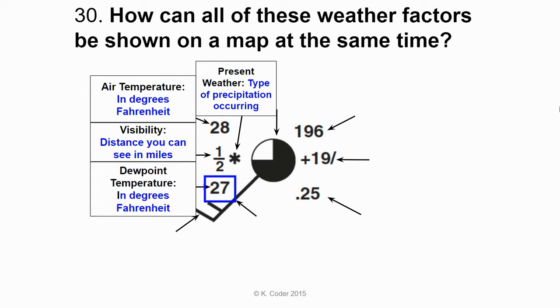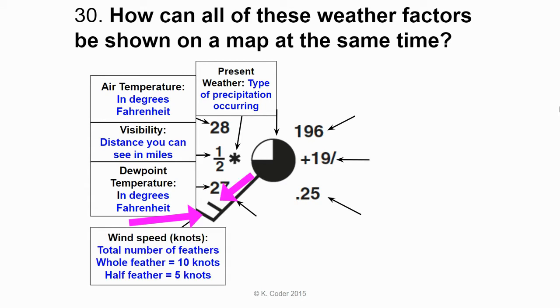Next up, we have this number right here, which represents the dew point temperature, again in degrees Fahrenheit. After that, we have these two tails right here, which represent wind speed in knots. Now, the total number of feathers changes dependent upon the weather, but a whole feather is equal to 10 knots, and a half feather is equal to 5 knots.